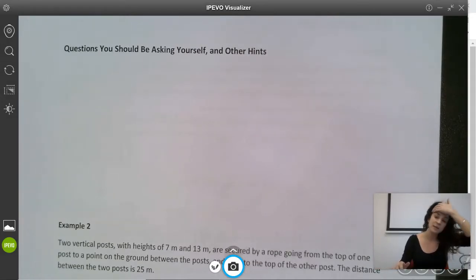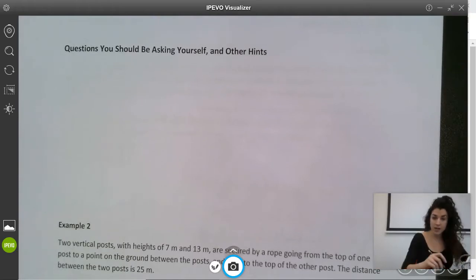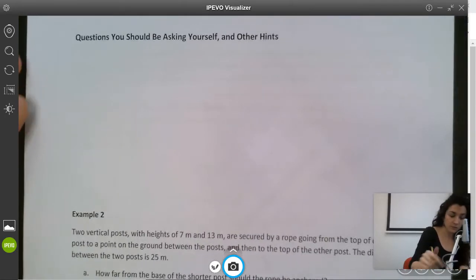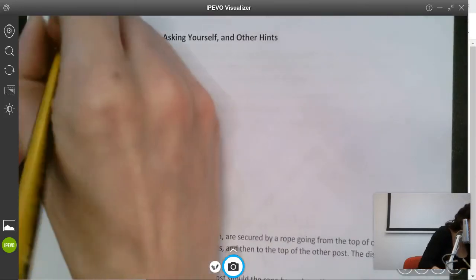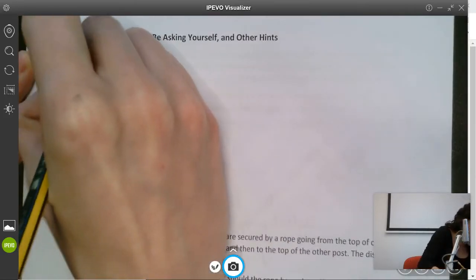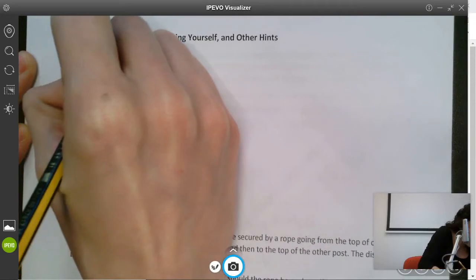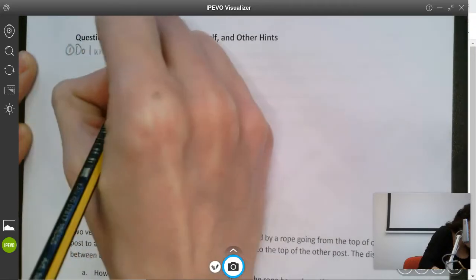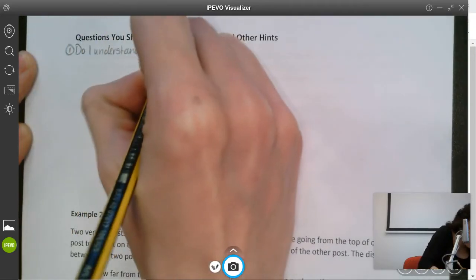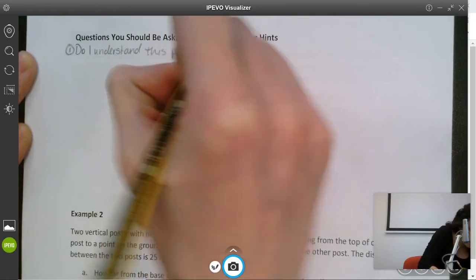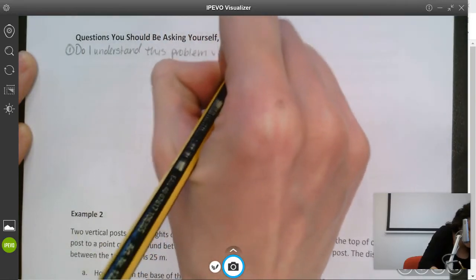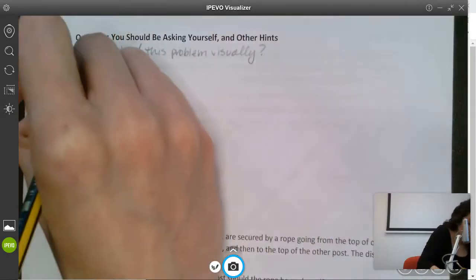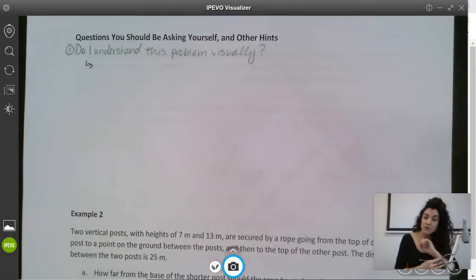Notice that I will ask myself first, do I understand this problem visually?